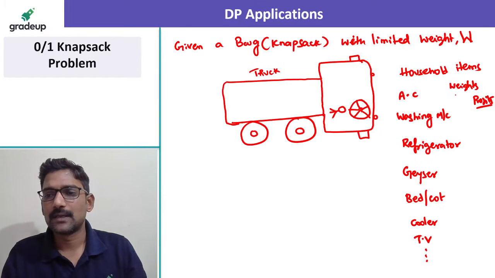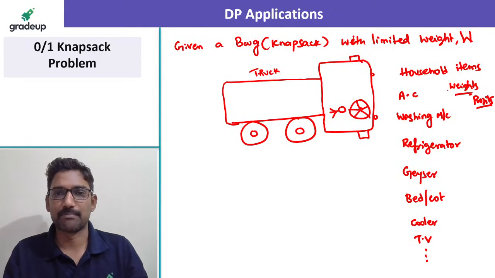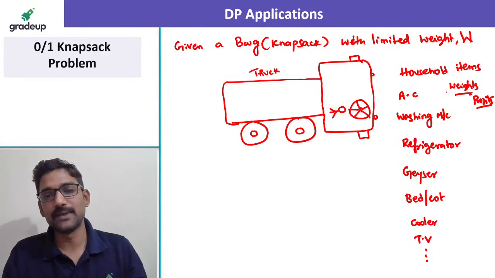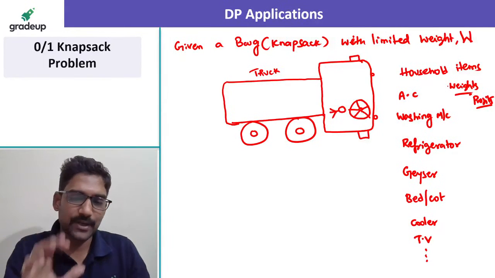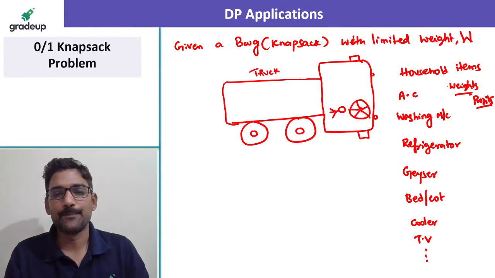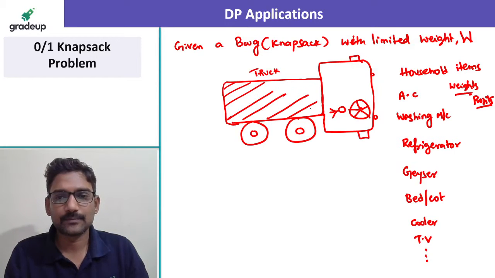Profits means like discounts. You assume discount, for example, like more profit means more discount, right? Now one point you understand very clearly. This is the weight you have, like this is the capacity of the truck.